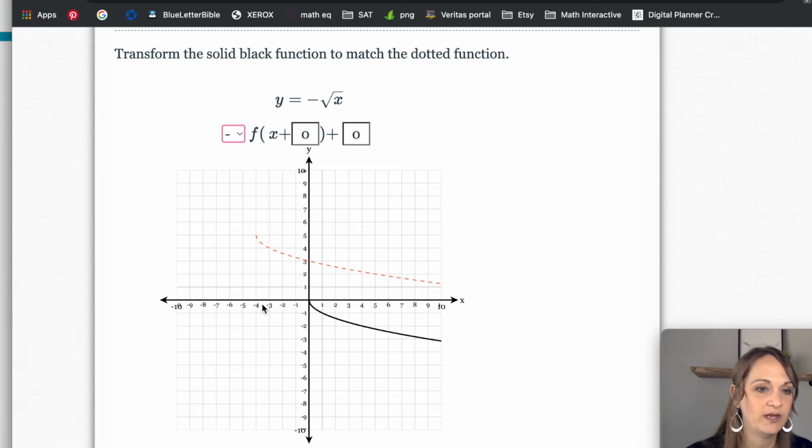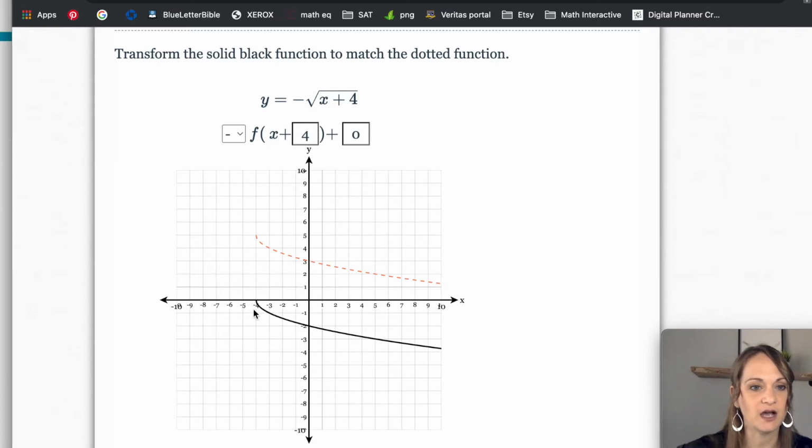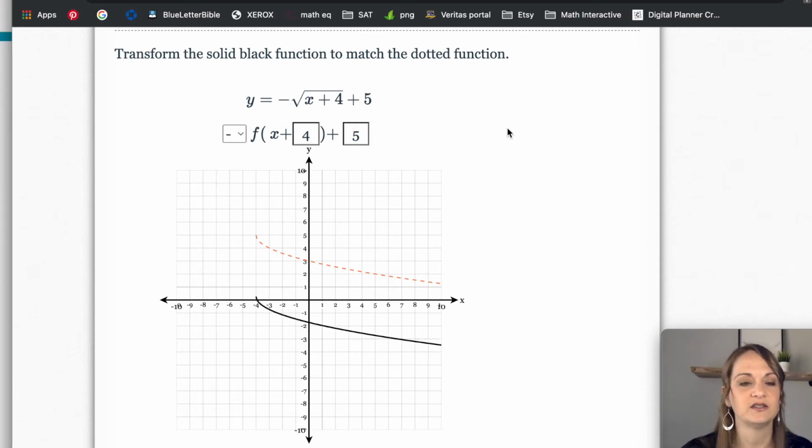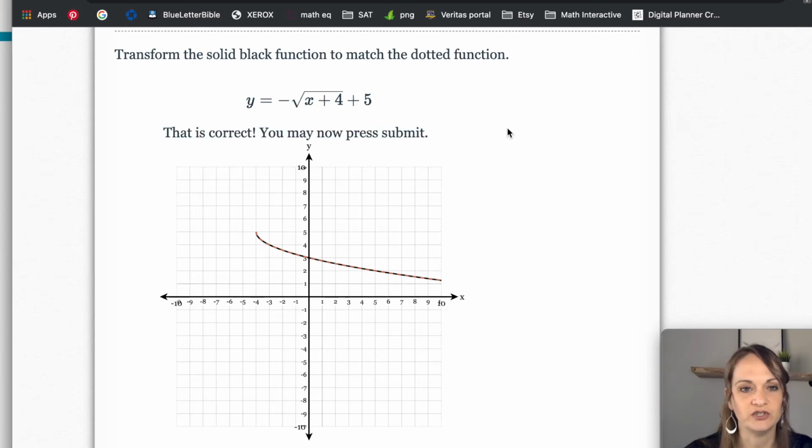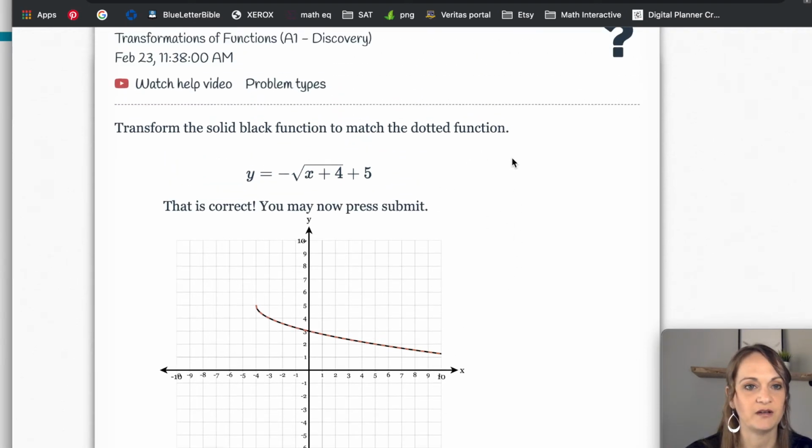Now, it went to the left 4 and up 5. So left means that it actually went in the opposite direction. So that's why it's a plus 4, because it's the opposite of a negative 4. But it went up 5, which is exactly what it did. Whatever it says to do up or down, you actually do that, which is correct. It does match that graph now.